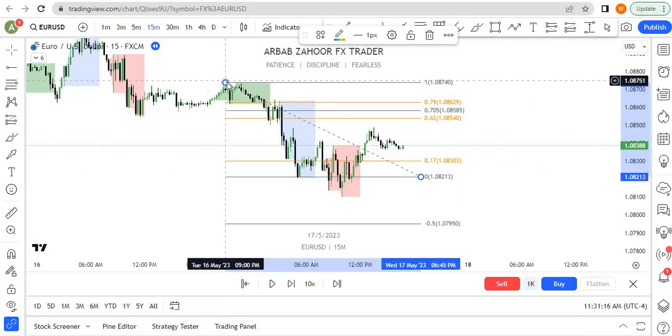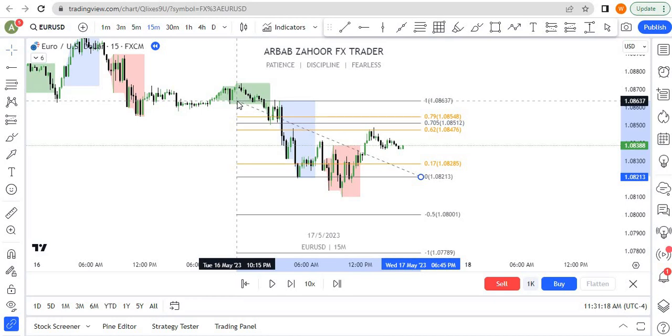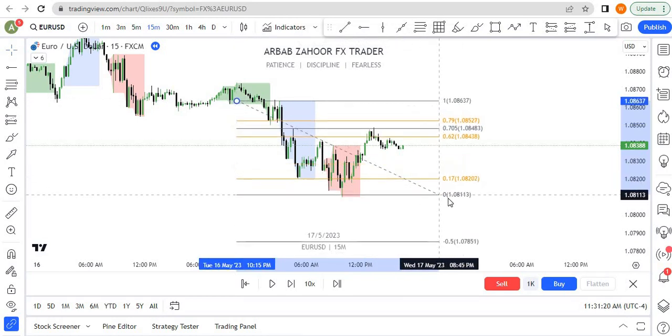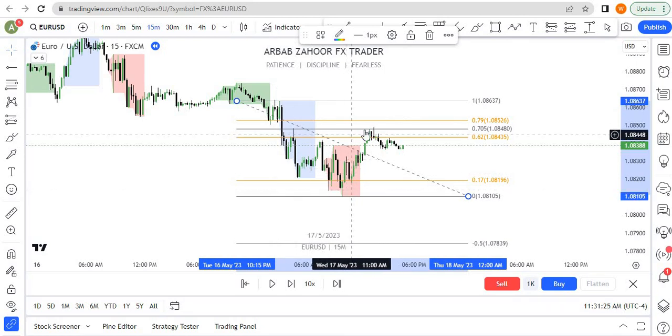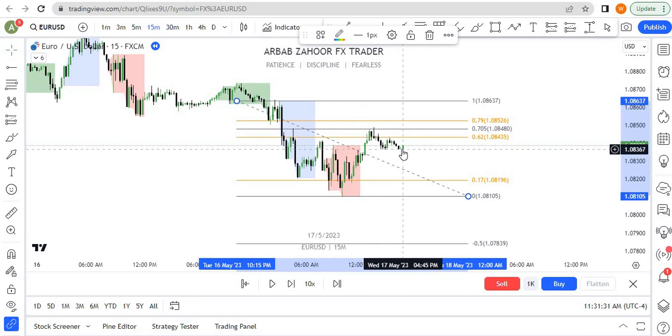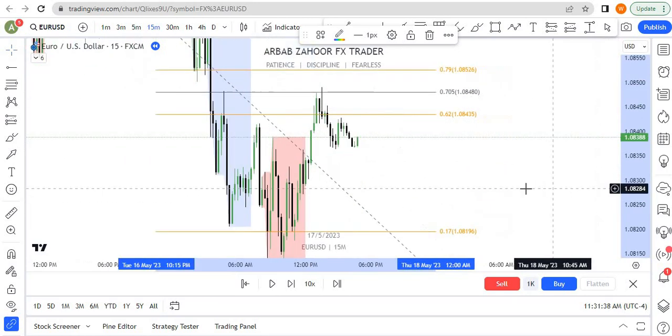So I jump to the next point, and the next point here. This is the leg and price taps here. After tapping here, I give you a small secret which can help you in your trading journey. Remember this point.